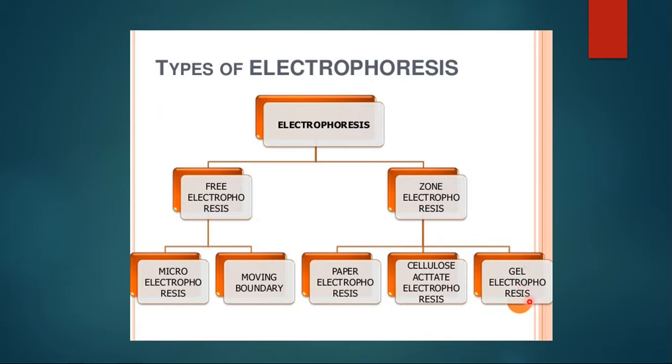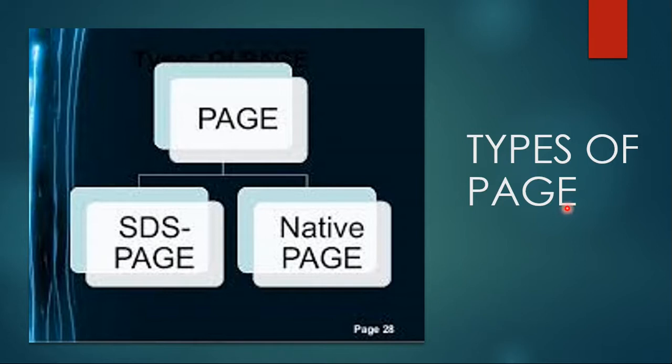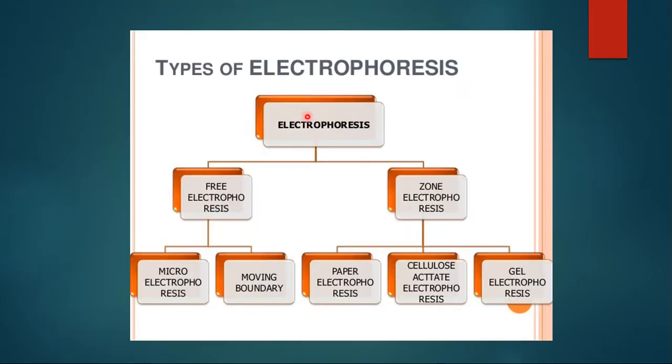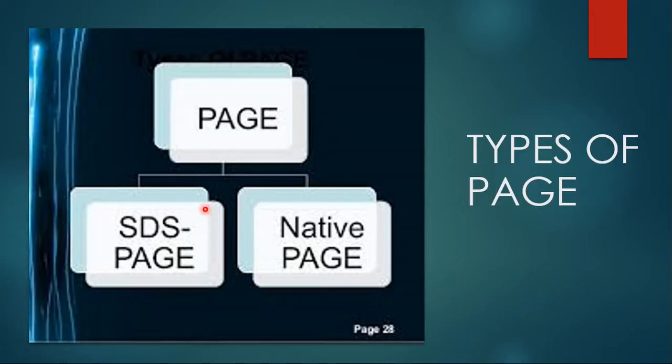Then coming to the polyacrylamide gel types, we are going to discuss. So we have gone through this one. In electrophoresis we are discussing gel electrophoresis, and in gel electrophoresis we had discussed agarose gel electrophoresis. Now we are moving into polyacrylamide gel in detail.